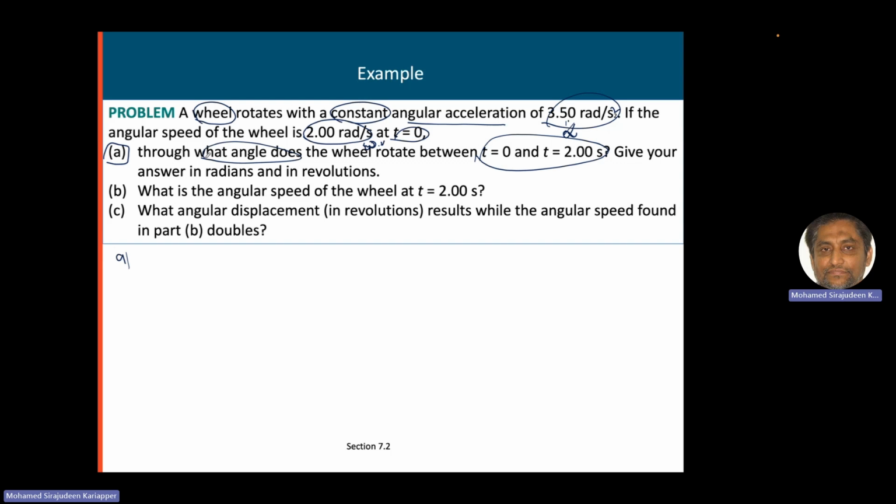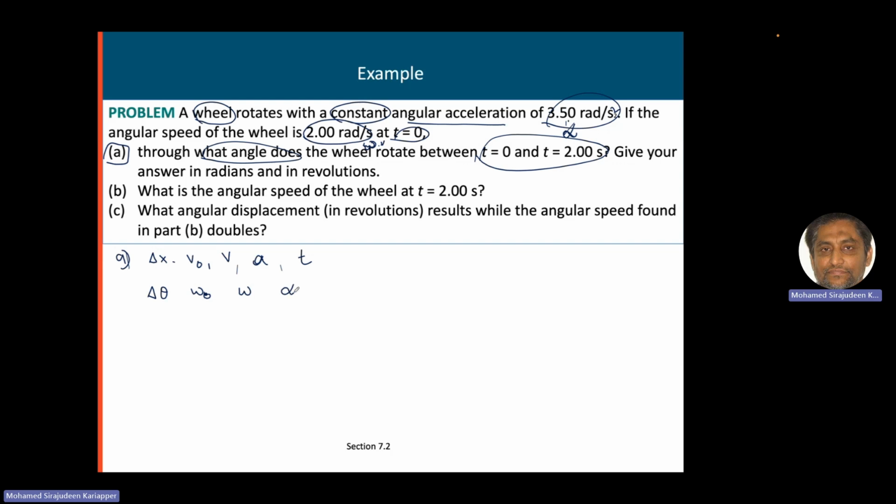Right. So the way we do this question is we list the things. In chapter 2 we say delta x, initial velocity, final velocity, acceleration, and time. The same way now, instead of linear displacement, we will ask for the angular displacement. Instead of normal velocity, we will ask for the angular velocity, initial and final.